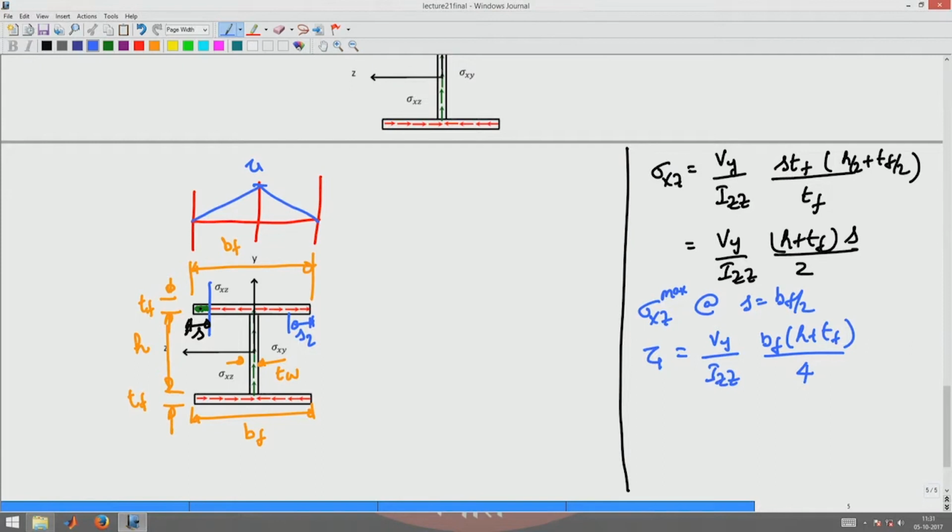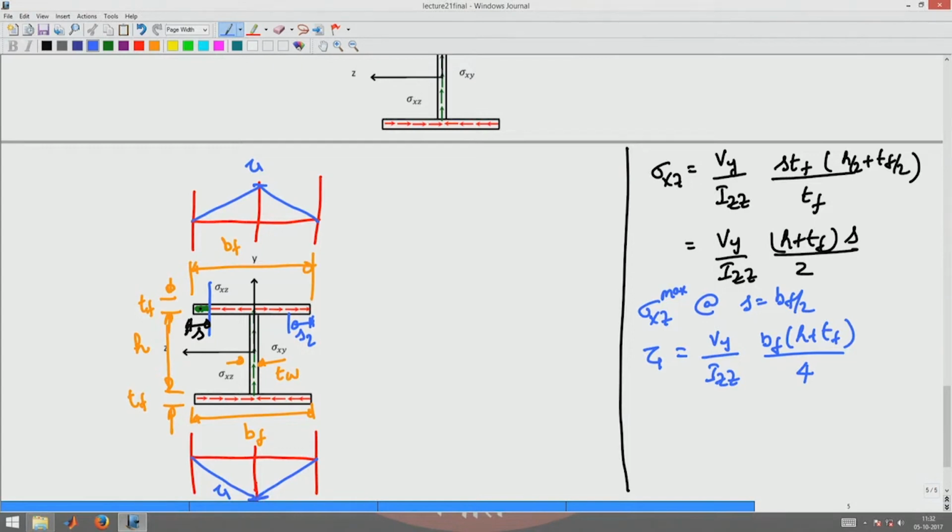A similar expression will obtain for the bottom flange also. So, for the bottom flange also there will be a variation which is like this. It is the same thing as we saw for the thick wall sections, and this value is going to be tau 1.